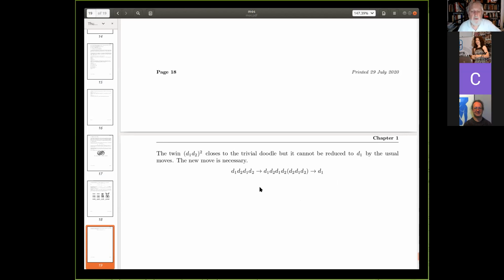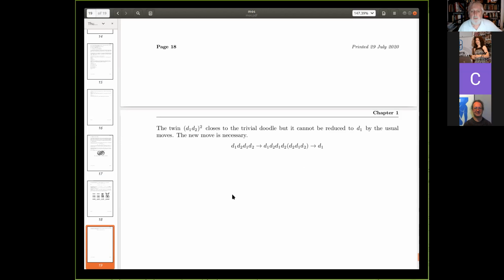And so, but why do I know that it cannot be reduced to D1 by the usual moves? Well, I have to invent some sort of invariant, and I don't think I'm going to define it now, but it is in the paper, and which I'll give to Lou to put in the bookery.